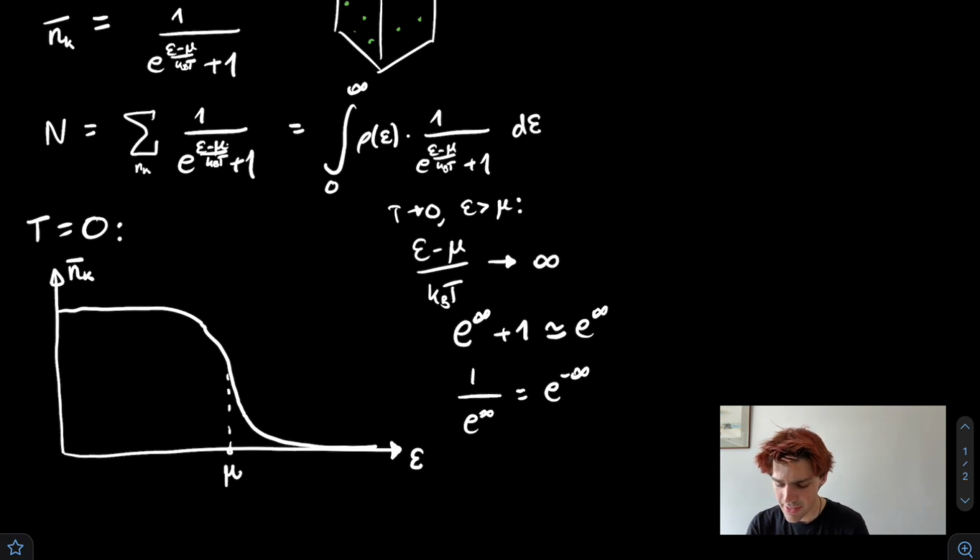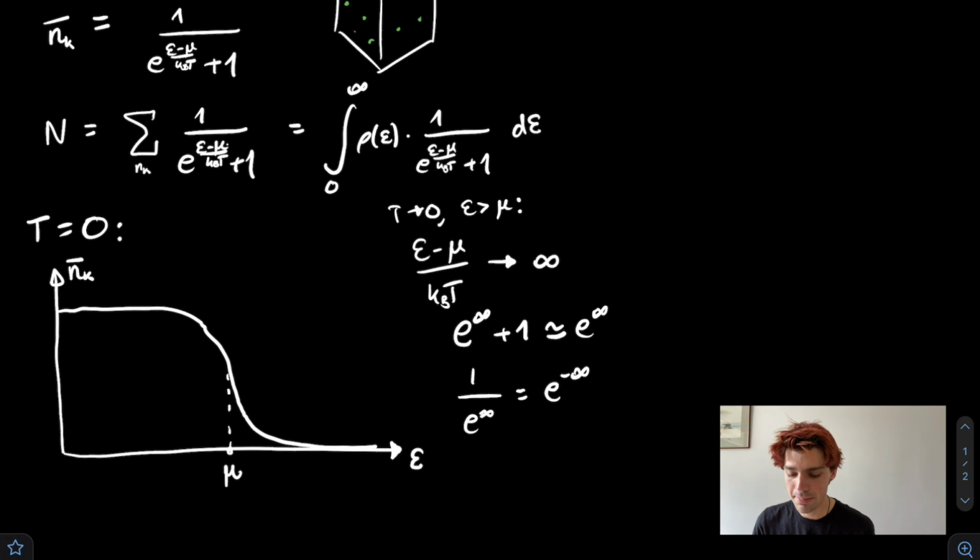And e to the minus a really, really large number is basically 0. So as you can see, for a small temperature, in every single case where epsilon is greater than mu, this distribution will just always be 0.